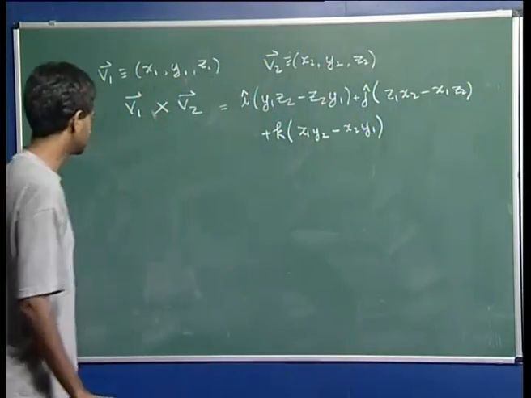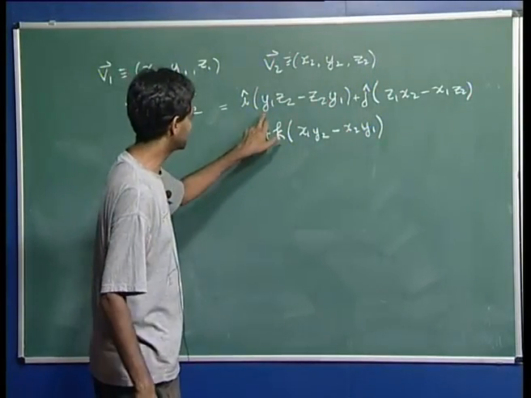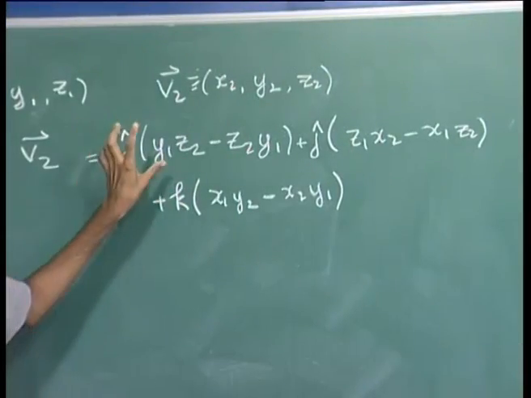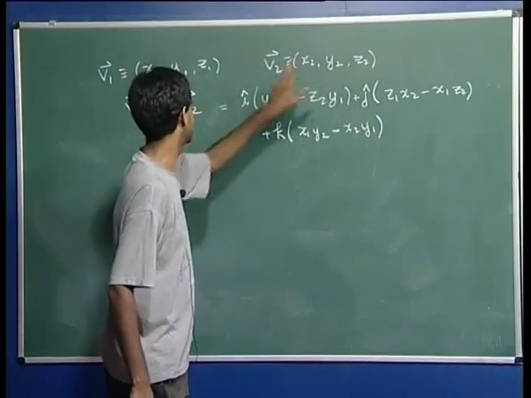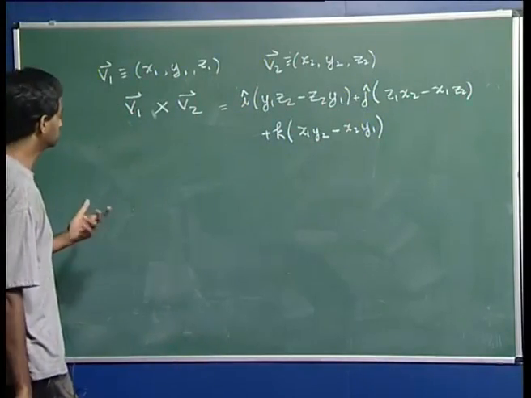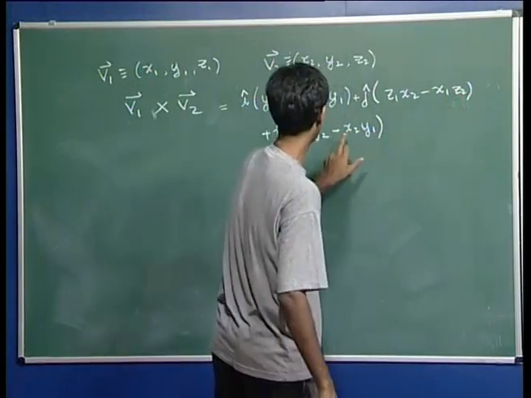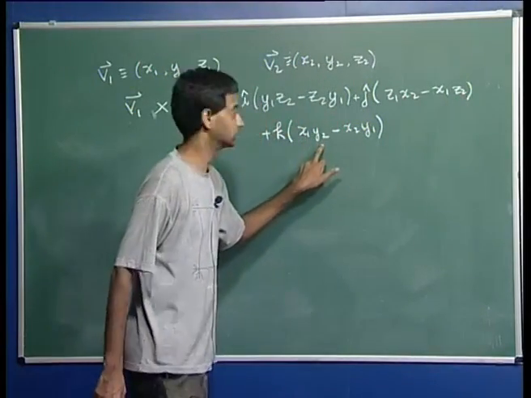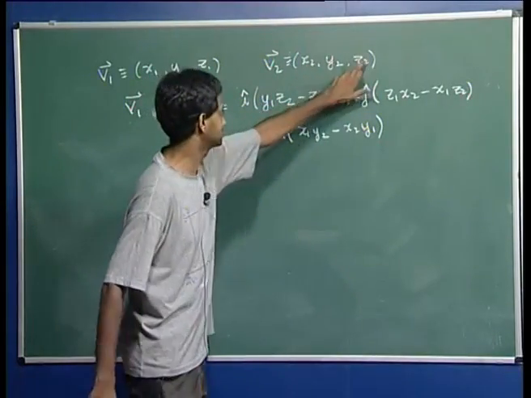Okay. So, notice that in the dot product you just had x1 multiplying x2, y1 multiplying y2 and z1 multiplying z2. In the cross product you have x1 multiplying either z2 or y2. So x1 does not multiply x2, but it instead multiplies these two.